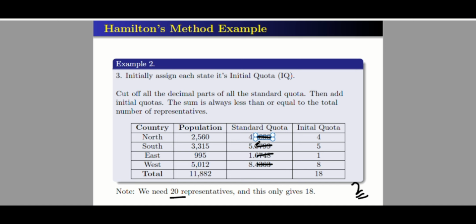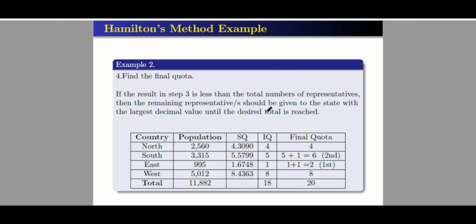Step number 4 is we need to compare these decimal places, one at a time. Do not mind the 4, 5, and 1. Just mind the decimal places. So we have 3, 5, 6, and 4.